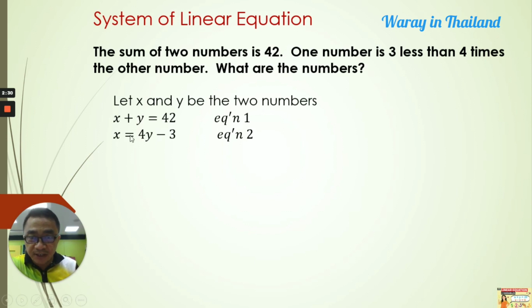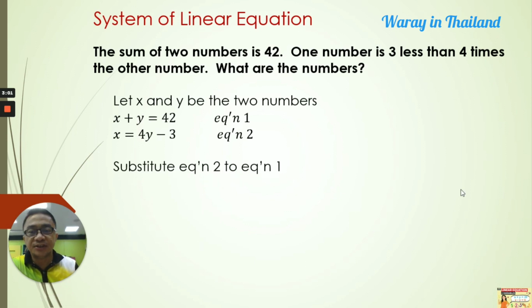For this one, you will see that the second equation already says that we equated one variable, x, equal to a temporary value, which is 4y minus 3. Meaning to say that we can use this equation number 2 for substitution. We can substitute the value of the variable x to equation 1 using this equation number 2, right? Okay. So we're going to use the substitution method for this example.